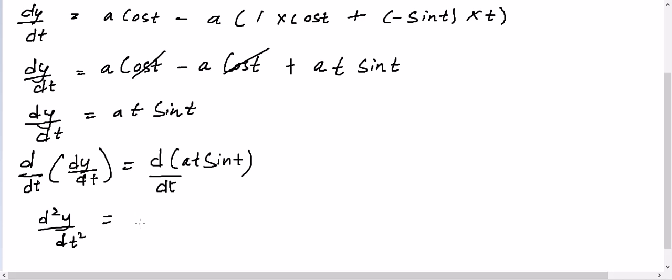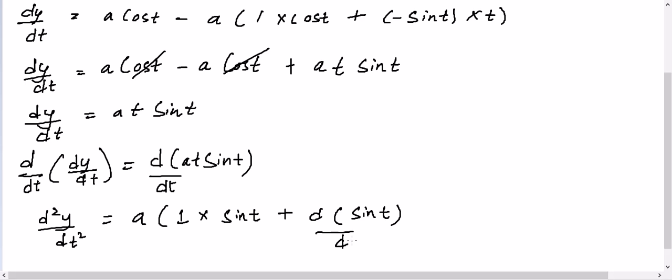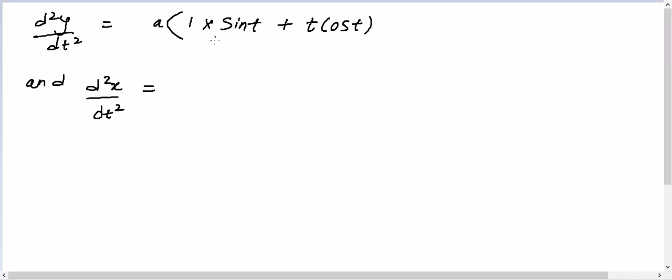So it will be a, as a constant we are keeping it outside. Derivative of t will be 1 into sin t plus the derivative of sin t into t.